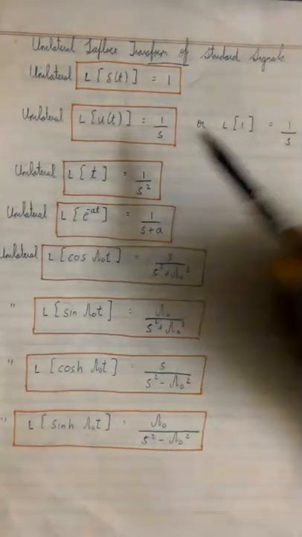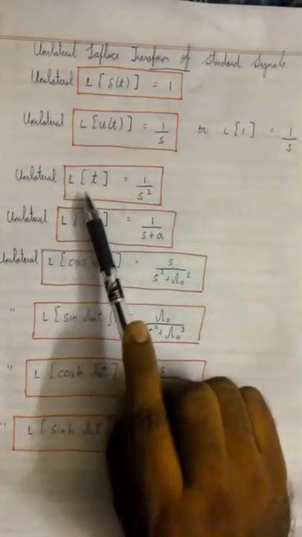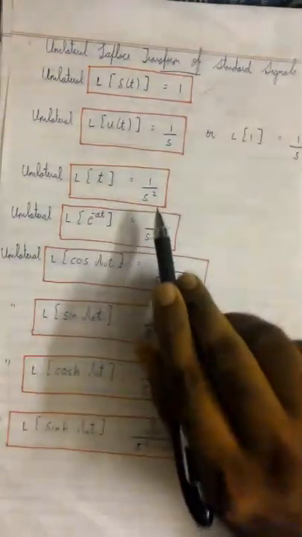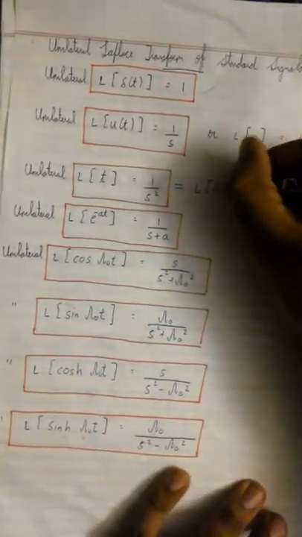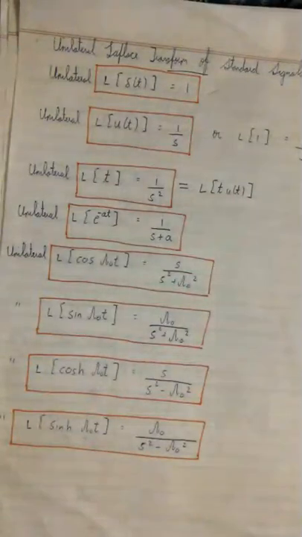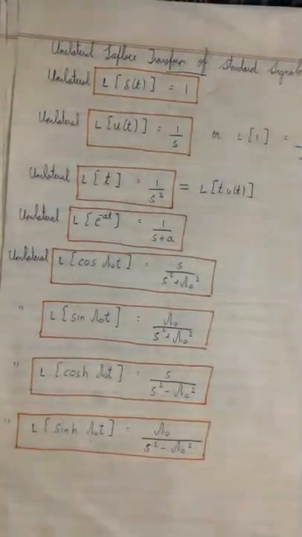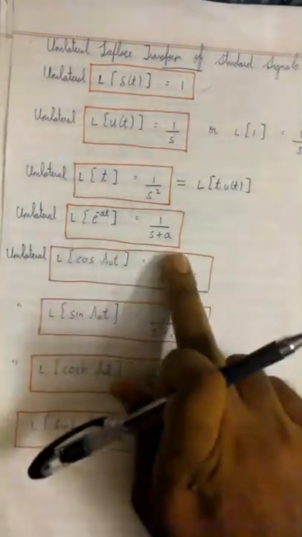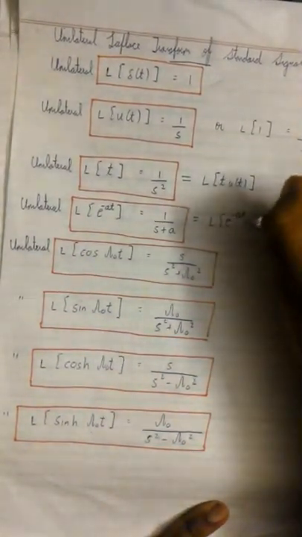Here it is written that the unilateral Laplace transform of t is equal to 1 by s square. You can write it like this, or this is also equal to the Laplace transform of t into u of t. Understood? Likewise, this is the unilateral Laplace transform of e raised to minus at is equal to 1 by s plus a, or you can also say that the Laplace transform of e raised to minus at u of t is also 1 by s plus a.